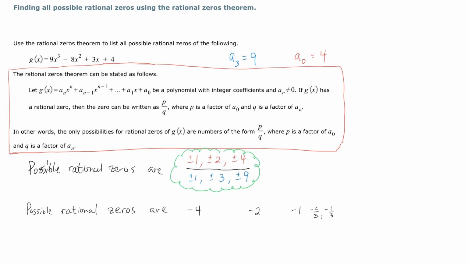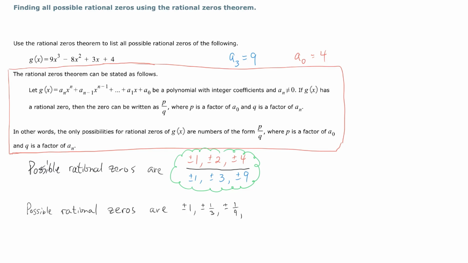Well, let's list them in a different way. Why don't we do this quickly? Why don't we write this in a systematic way? Plus or minus 1, plus or minus 1/3, plus or minus 1/9. So there are 6 possible rational zeros.